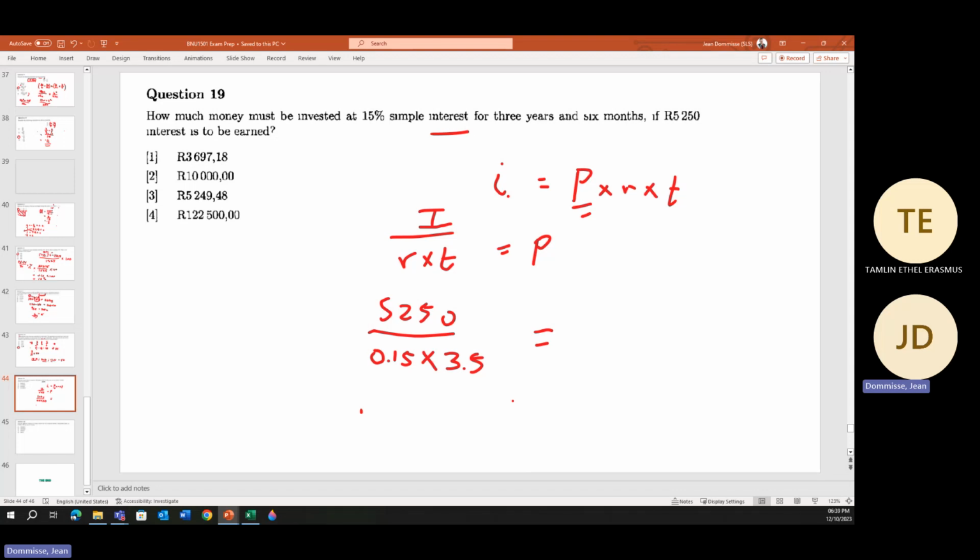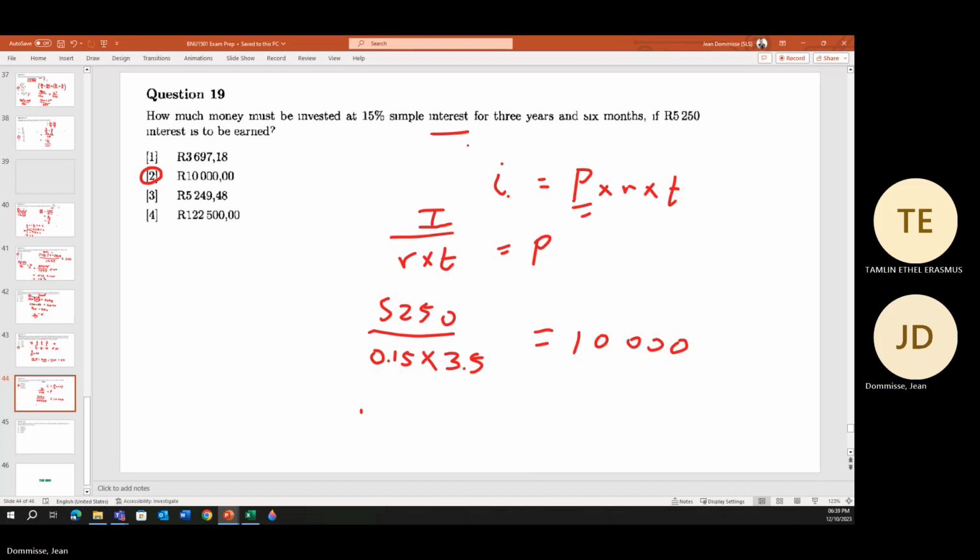So 0.15 times 3.5. Oh, okay. Actually, not too big. On the dot, 10,000. That feels weird. Okay, but there is on the dot 10,000. So not that weird at all then.